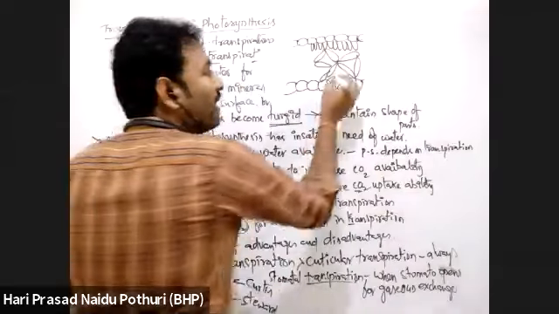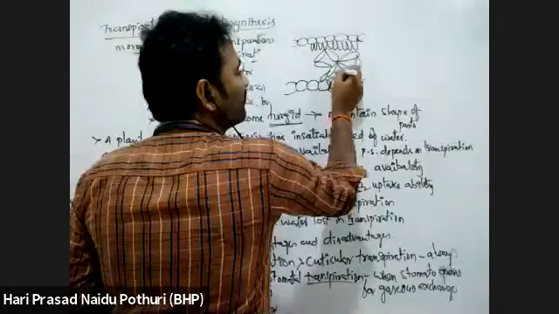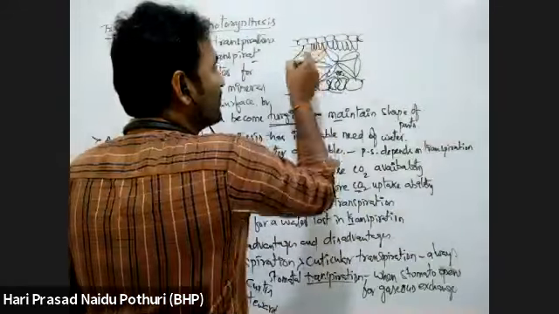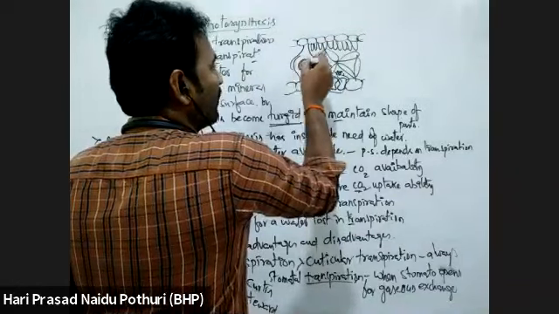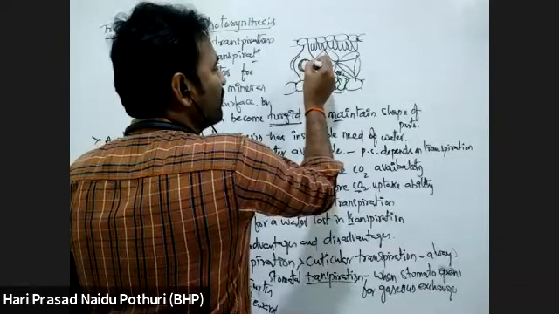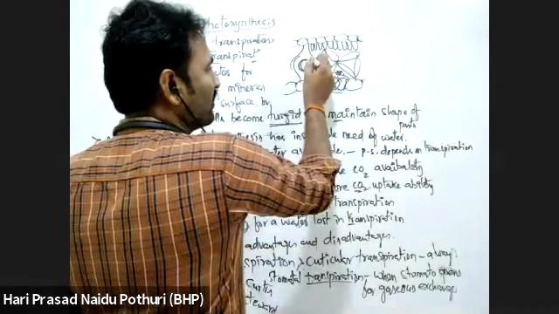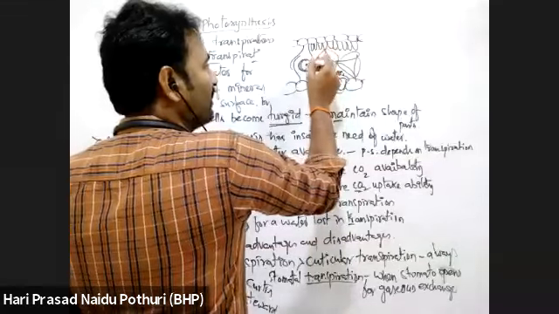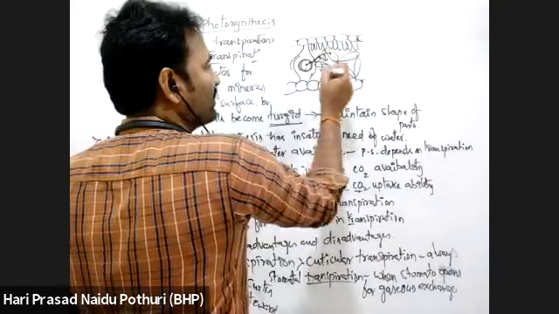Here, water is lost through the substomatal cavity. There is xylem and phloem here. From this xylem, water enters the endodermis and pericycle, then moves from one cell to another and through intercellular cavities.